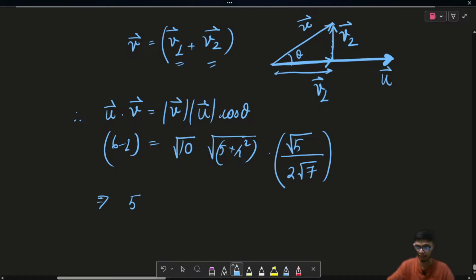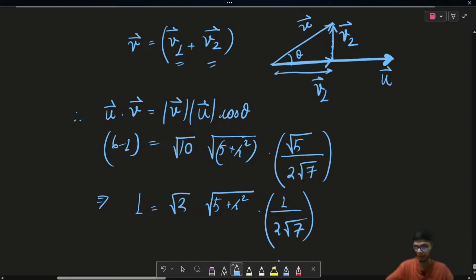If I evaluate this expression, over here that is 5 and this root 10, and we have another root 5 over here, right? So I can combine and simplify this part, and the result will come out to be 1 equals square root 2 multiplied with square root of 5 plus lambda square, multiplied with 1 upon 2 root 7, right?